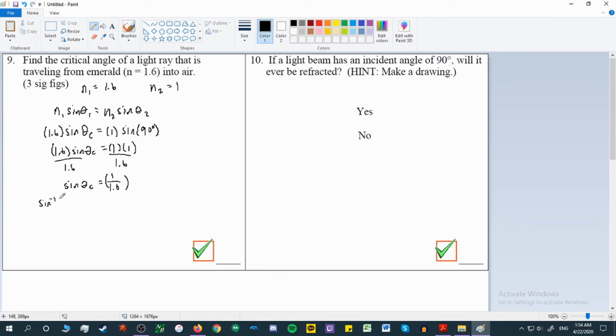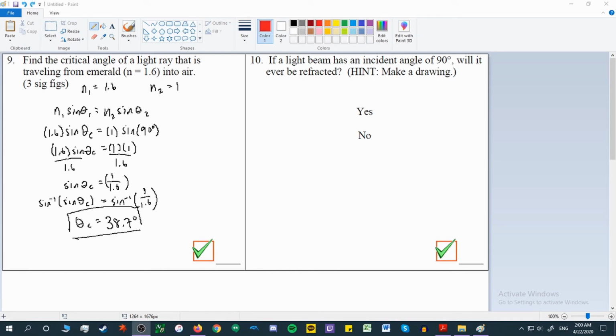We're going to take the inverse sine of both sides. And that should leave us with the critical angle being 38.7 degrees.